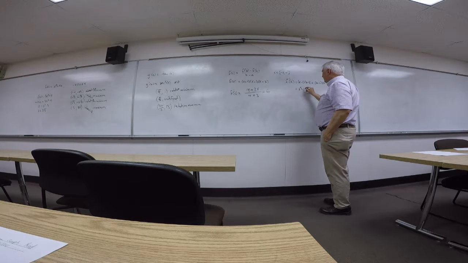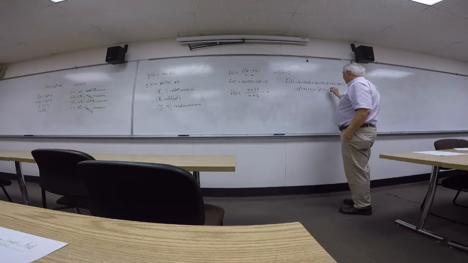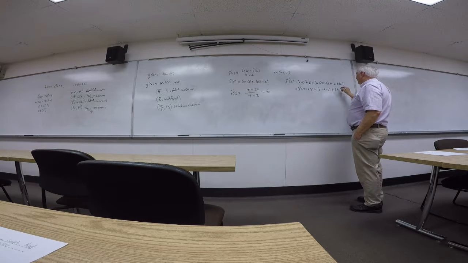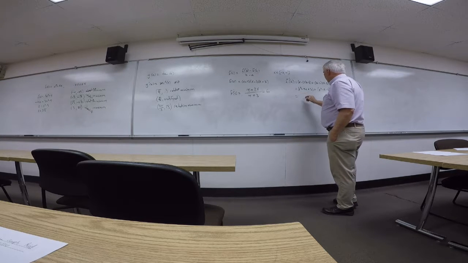And it's pretty easy since these are just binomials. x squared minus 4x plus 3 plus x squared minus x minus 6 plus x squared plus x minus 1. Add those together, we get 3x squared.